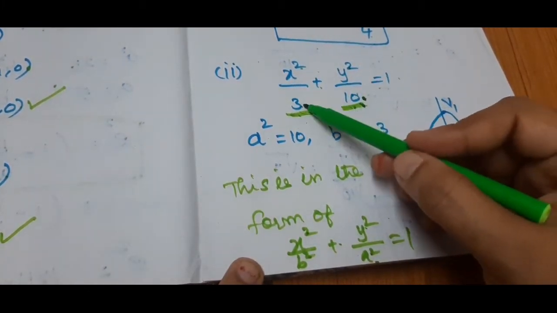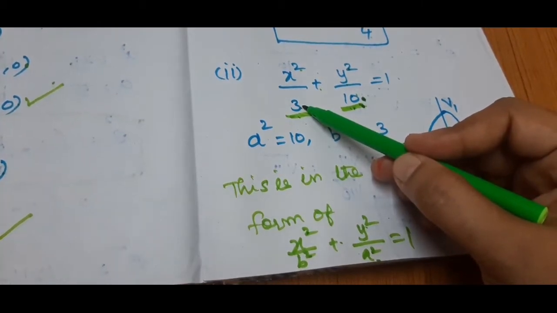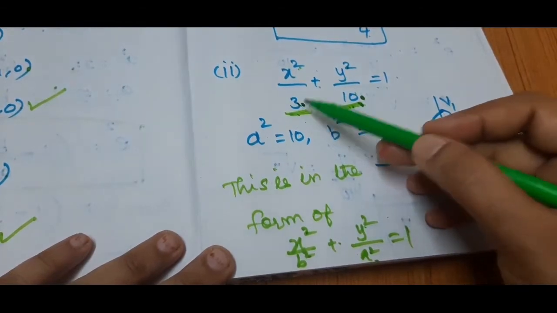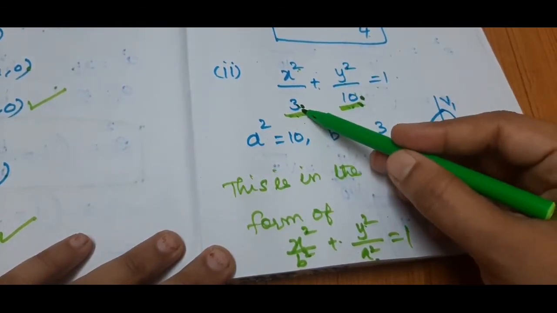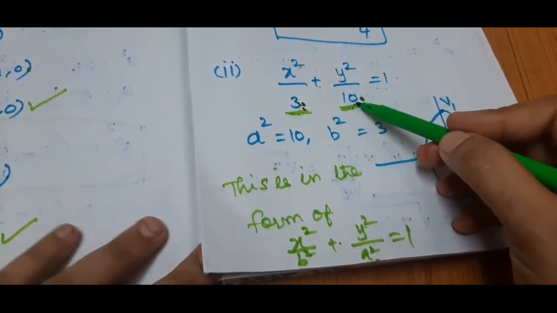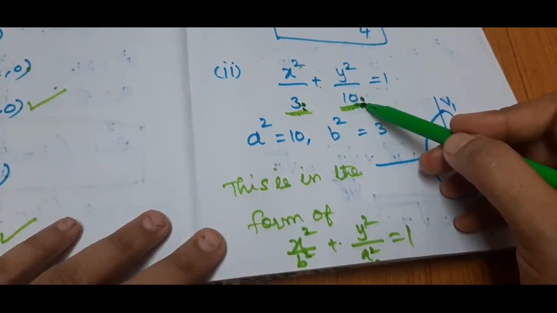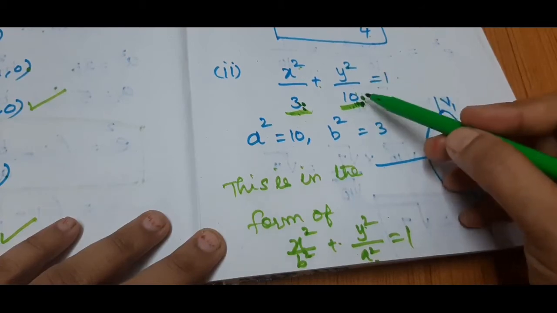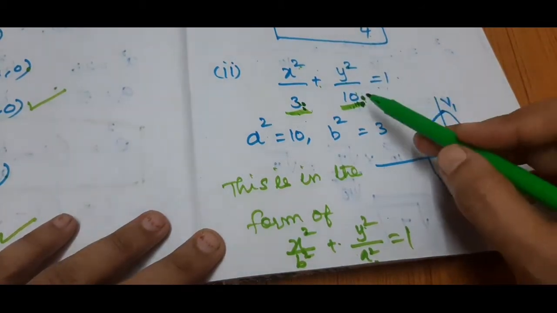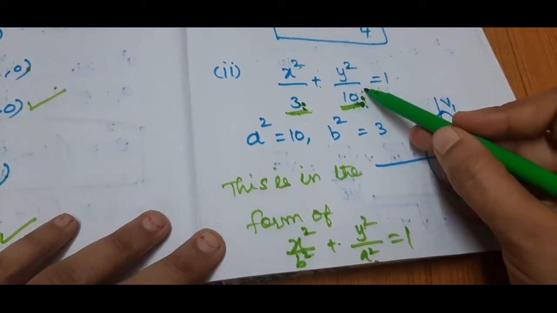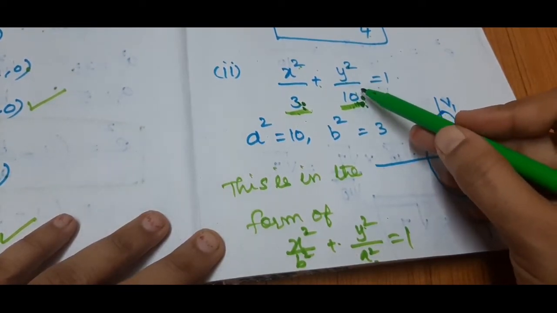Suppose a square is the denominator of x square, then the ellipse is on the x-axis. Suppose a square, that is the greater value, is in the denominator of y square, then the ellipse is on the y-axis. So whichever is greater, you have to take it as a square.